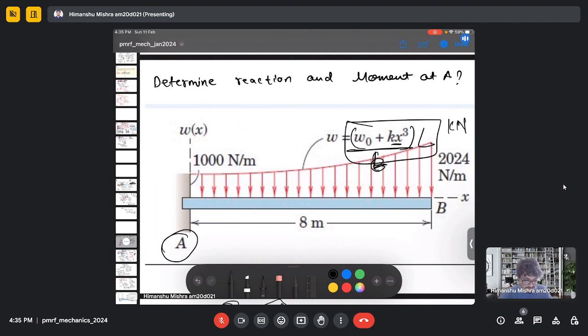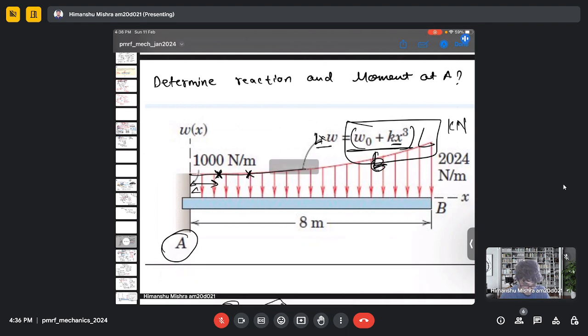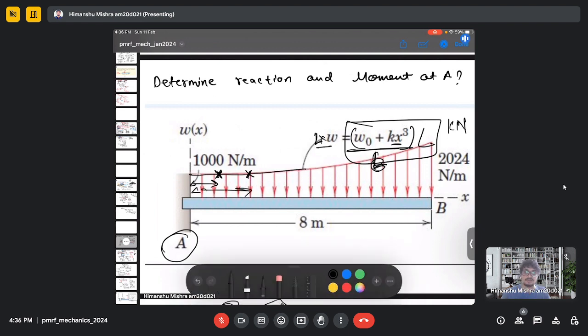And this will be length multiplied by some W. And you can change the length because this force is varying at each length. So you can specify the length at which you need to find the force. So if you want to find the force here, you need to consider this length. If you want to find it here, you need to consider this length. So length is arbitrary. It depends on where you want to find the force.